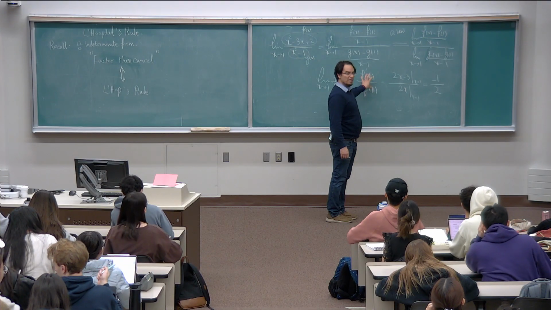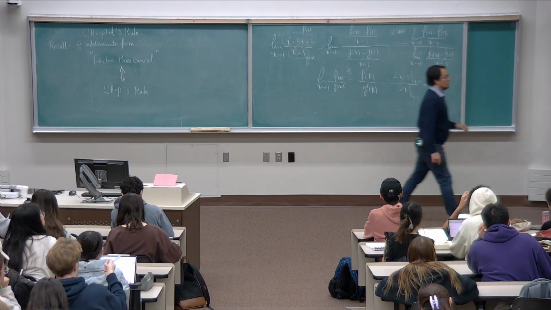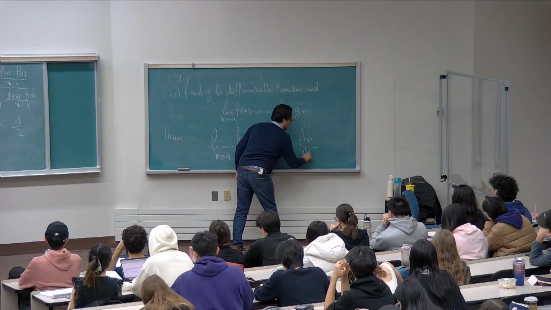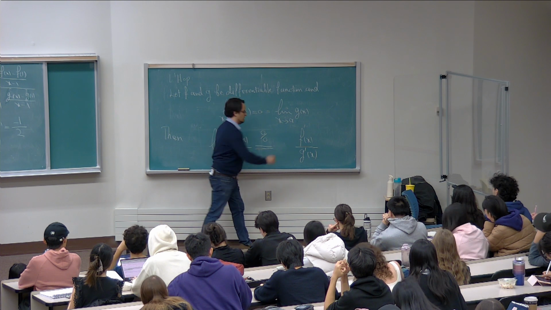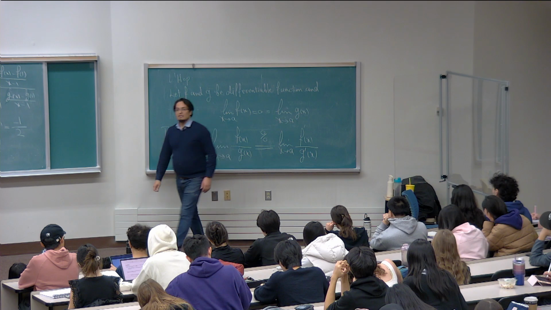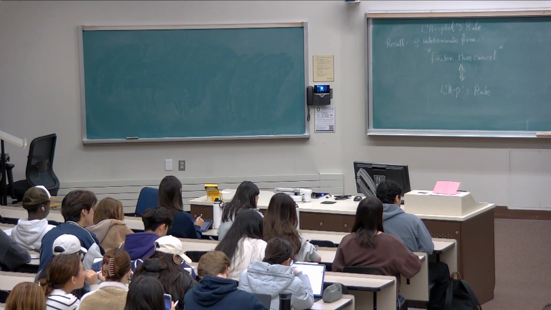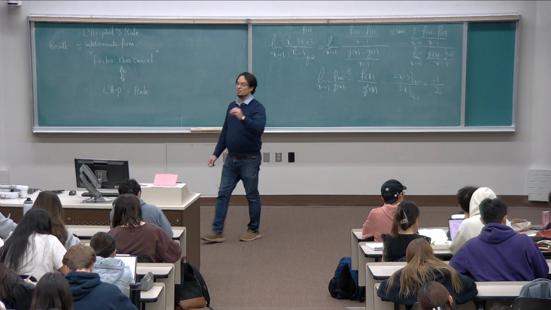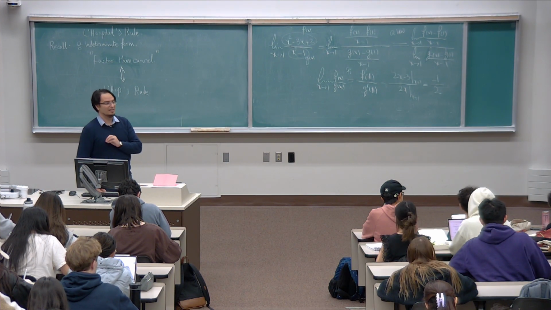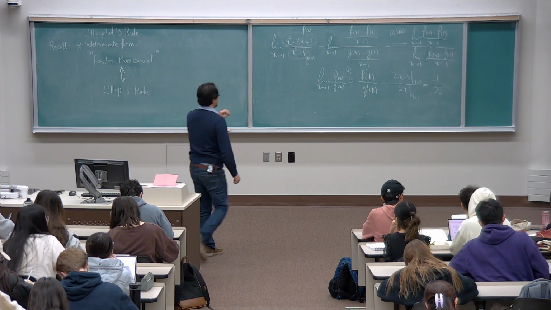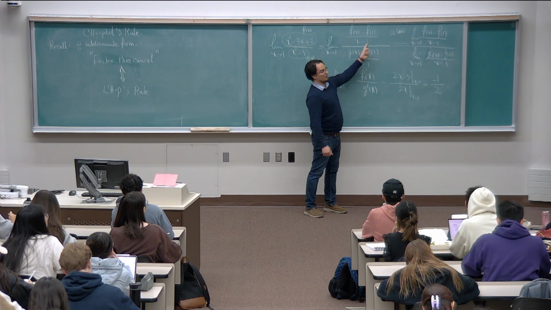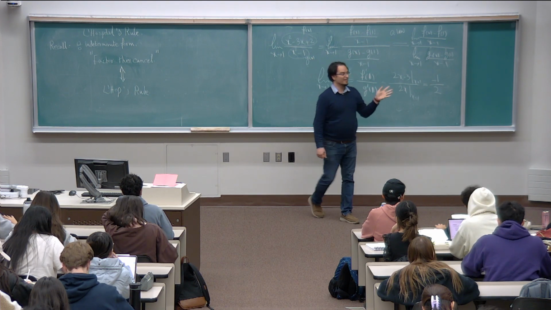But this is a weak version of L'Hopital's rule. What you can do is replace that limit with a completely new limit where the numerator is replaced by f prime and the denominator is replaced by g prime. We are getting rid of the factor x minus 1, kind of.